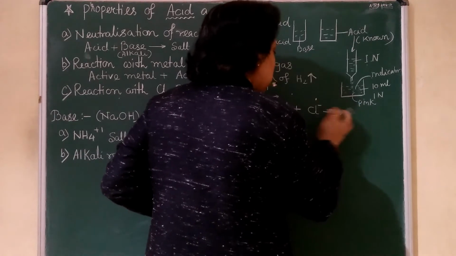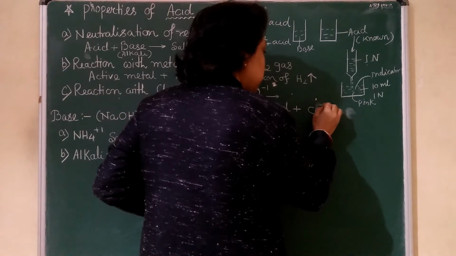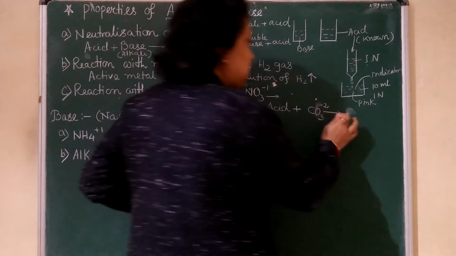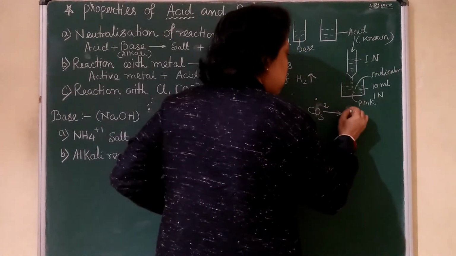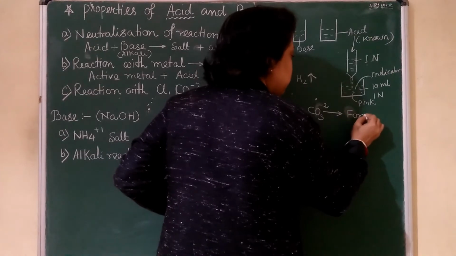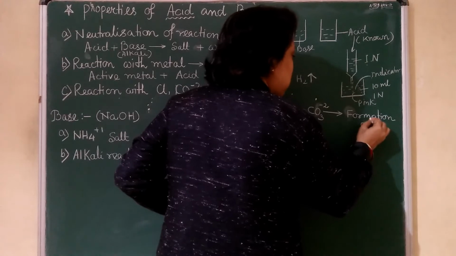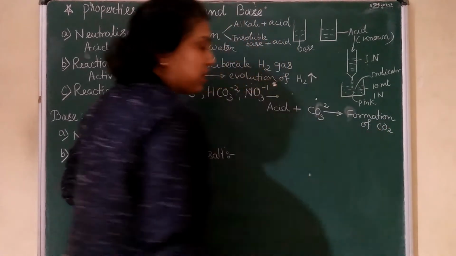First you write carbonate, because that is where gas evolution occurs, and you have to remember that. So with carbonate salt, there will be a formation of carbon dioxide. Carbonate is related to carbon dioxide.